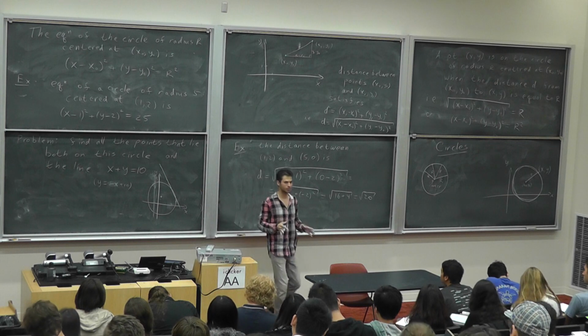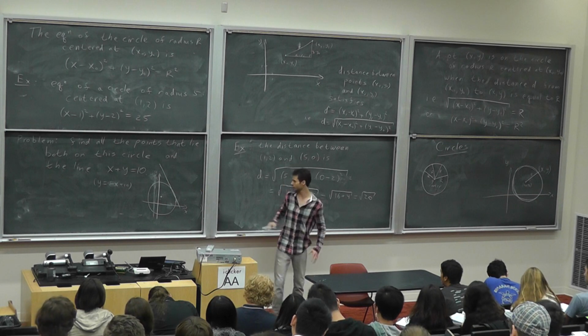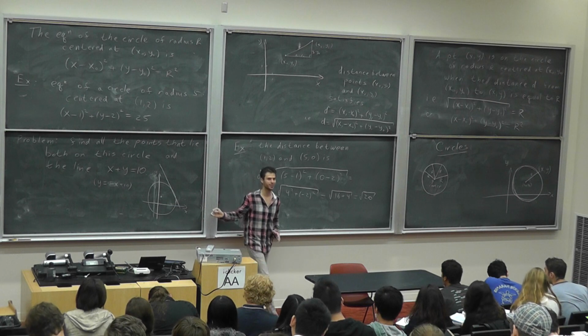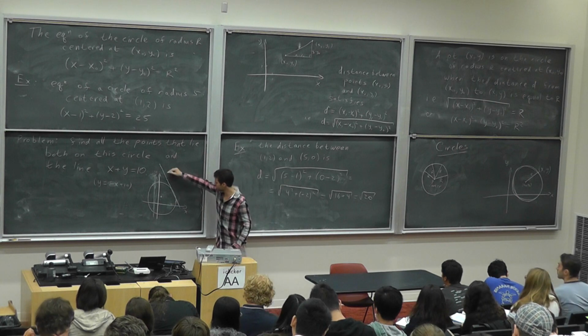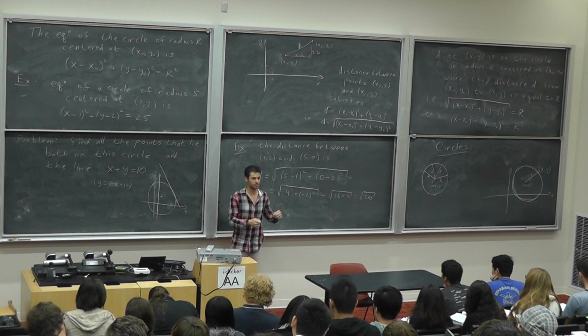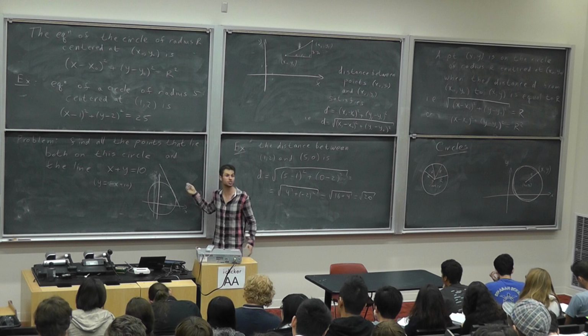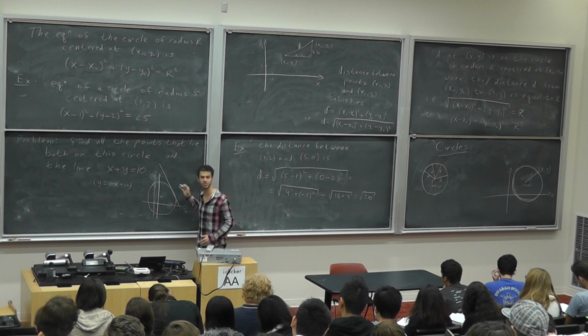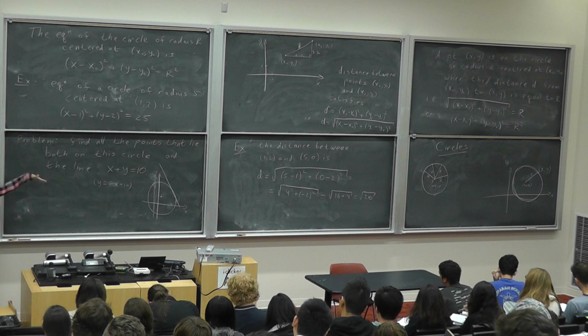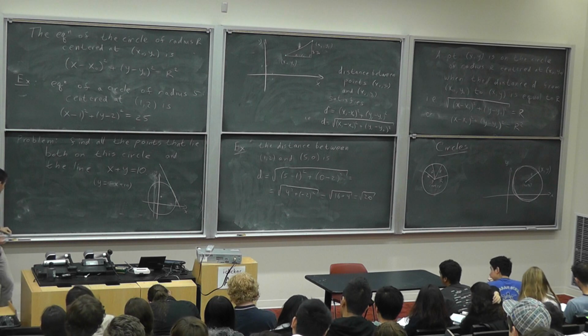The picture is kind of not really convincing. Without drawing a really accurate picture, which I cannot draw on the board, I can't really know whether it exactly touches this circle, intersects it at 2 points, or doesn't intersect it at all. I have no idea. But we'll use algebra instead.